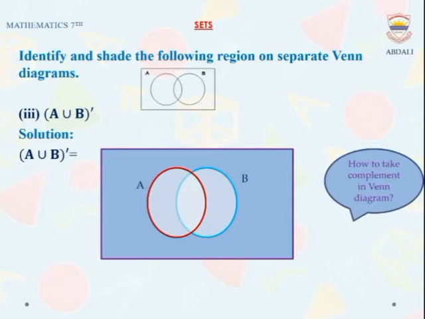We have shaded only the outer region of the universal set. A union B will remain as it is, and this shade, this blue color of the universal set, will show (A union B) complement. So you have to color it to show complement.